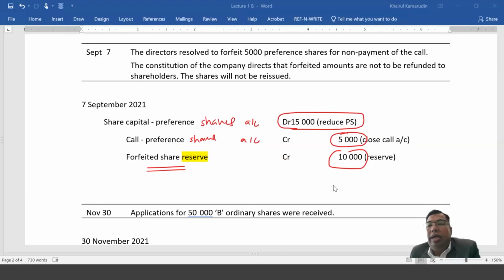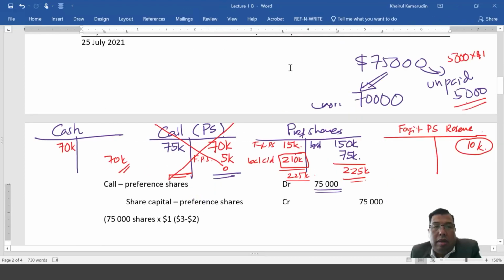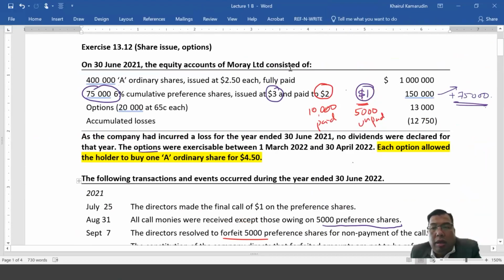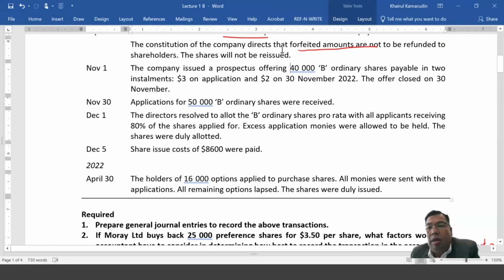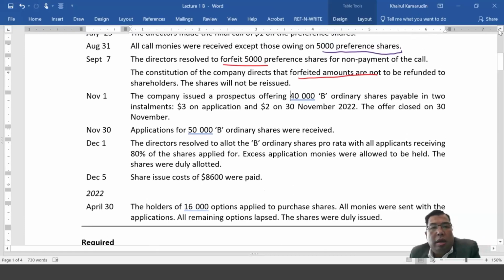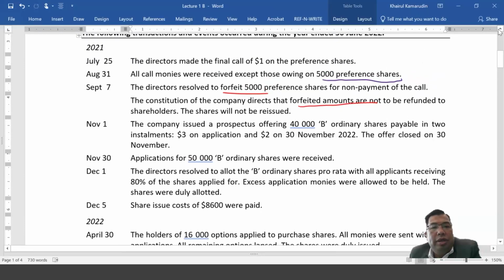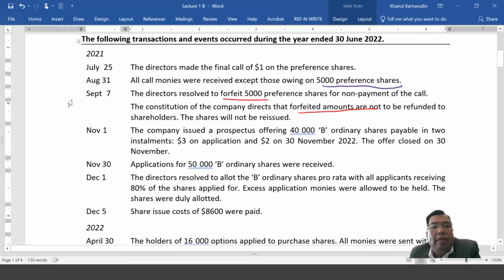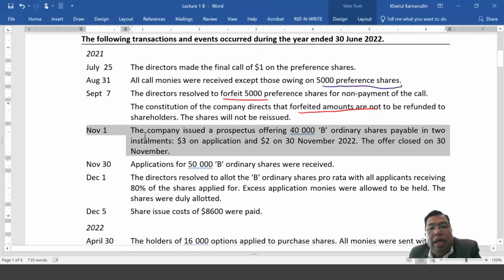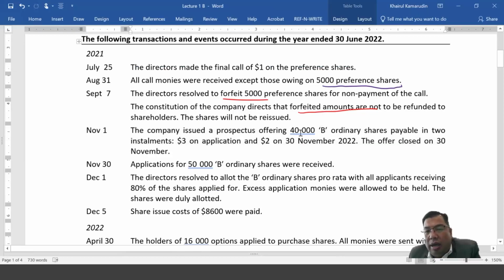Okay. So that is about options. Now we move to the next questions. The next question is November 1st, the company issued a prospectus offering a new share, 40,000 B ordinary shares payable in two installments.